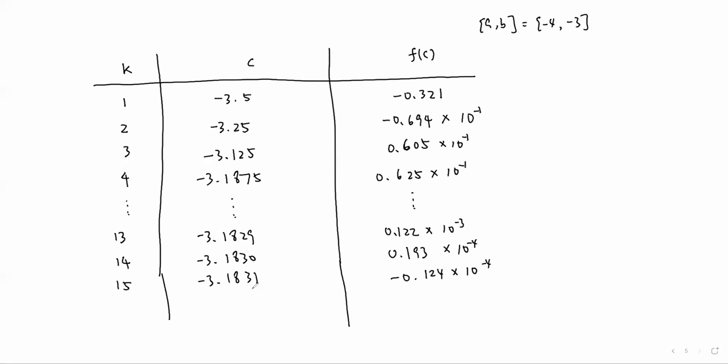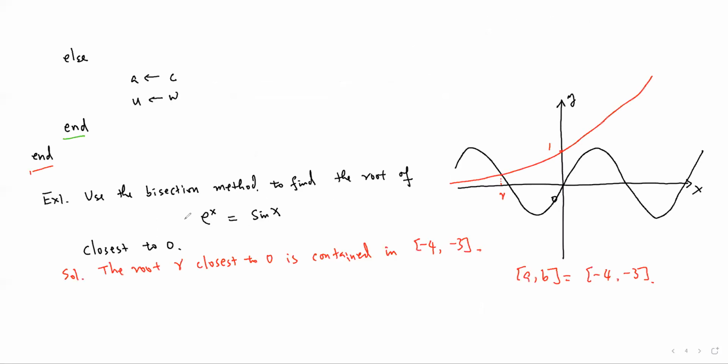Very, very slow. Step 16, 5 times 10 to the -5. If the user is happy with a function value of order 10 to the -5, then stop here and use this number as the root, the solution of this equation.